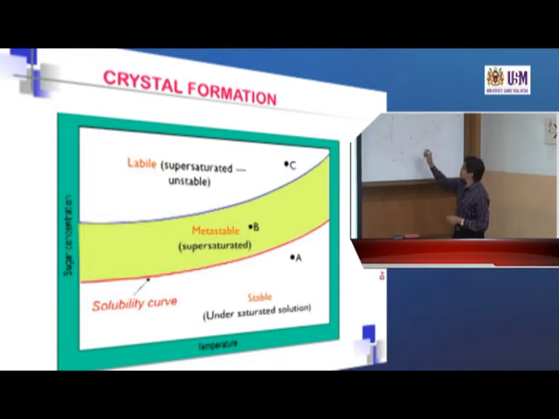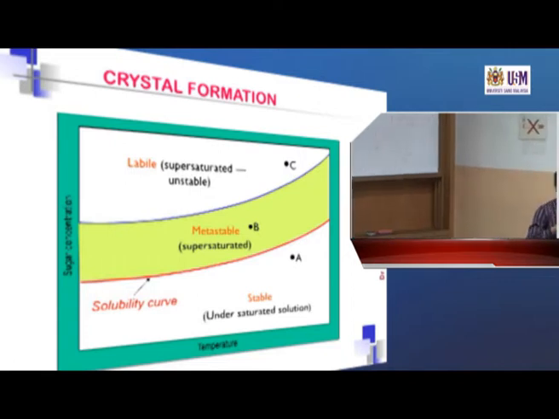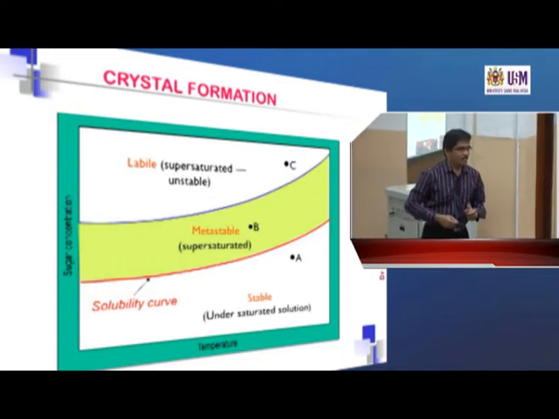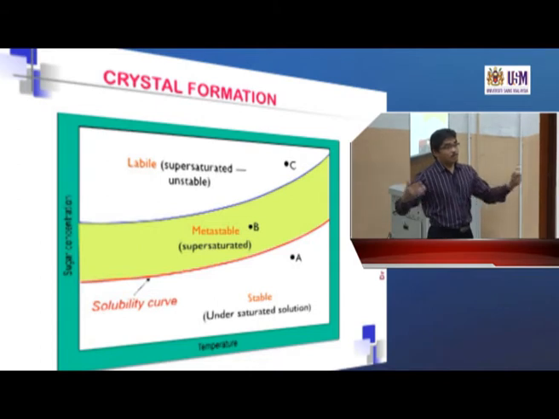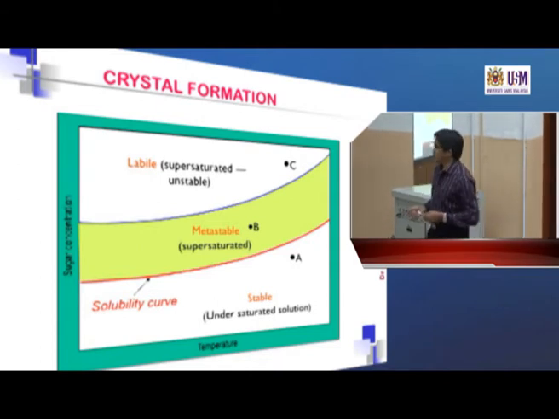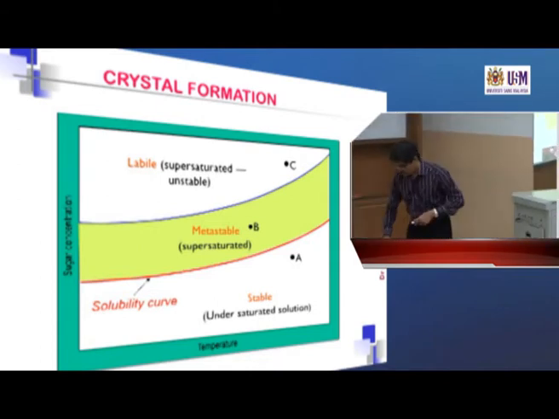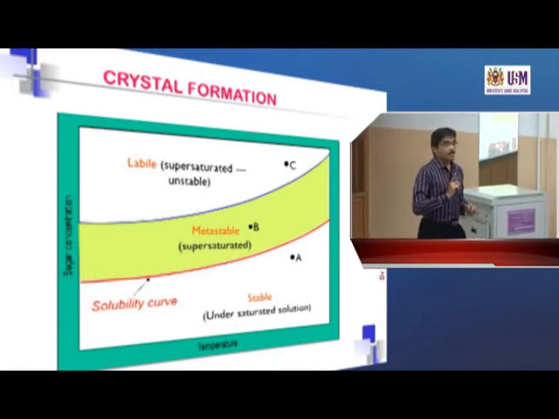You must get this value, we call it CSS, above the CS. You must get into the supersaturated state. How do you get to the supersaturated state? That we will see later. Is that clear?